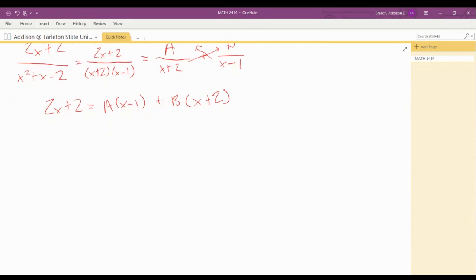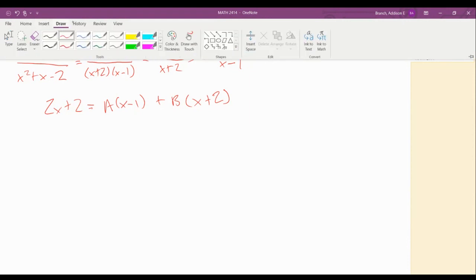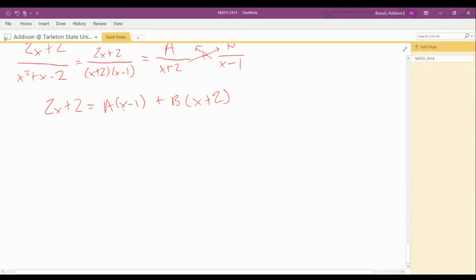So now, this is the easiest way to do this: plug in values that would eliminate one of the two variables. If we plug in x equals 1, it would eliminate the a from the equation, allowing us to solve for b.